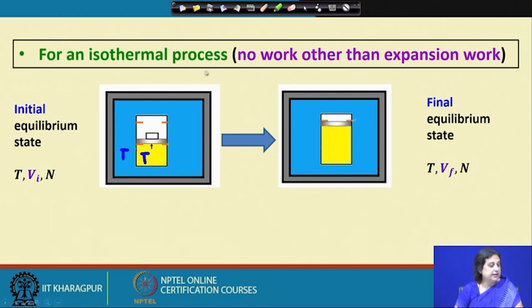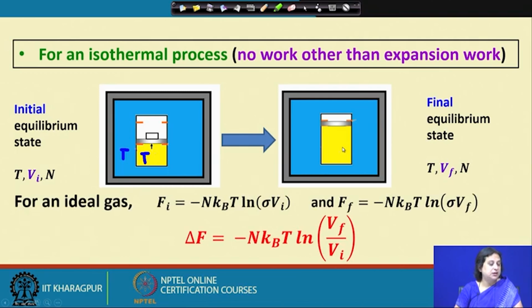Please try to understand that this expansion work is being carried out while the system maintains this isothermal condition such that its temperature is equal to the temperature of the reservoir. Now, for an ideal gas, the initial free energy of the system will be minus nkT log of some constant times Vi, where Vi is the initial volume, and the final Helmholtz free energy is going to depend on Vf.